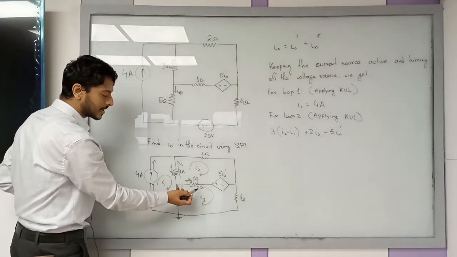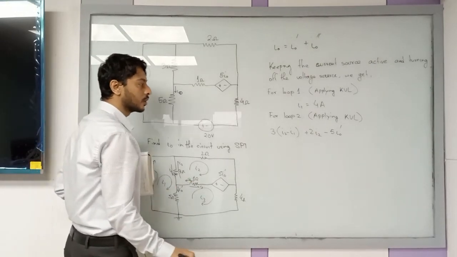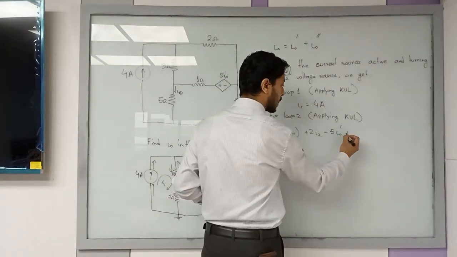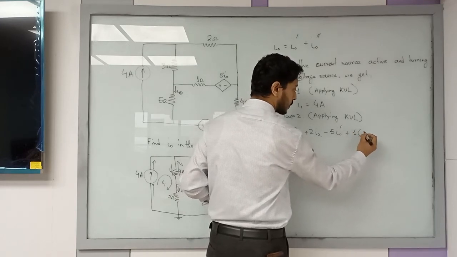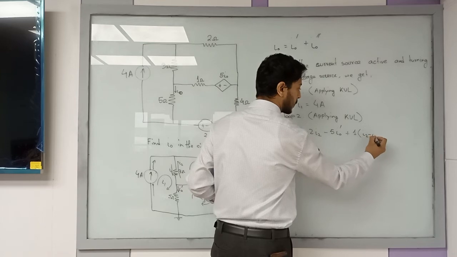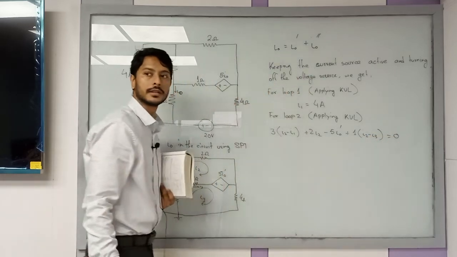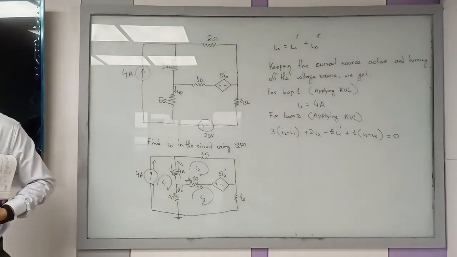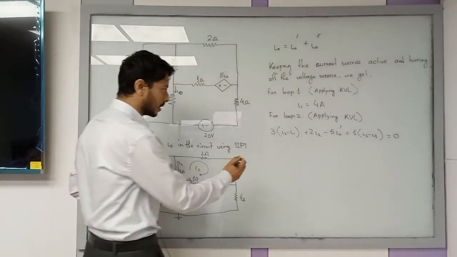So I2 minus I3 times 1 is the voltage drop across the 1 ohm, so it should be plus 1 times (I2 minus I3), which is equal to 0. This is the equation you get. If you simplify it, it should look like this.